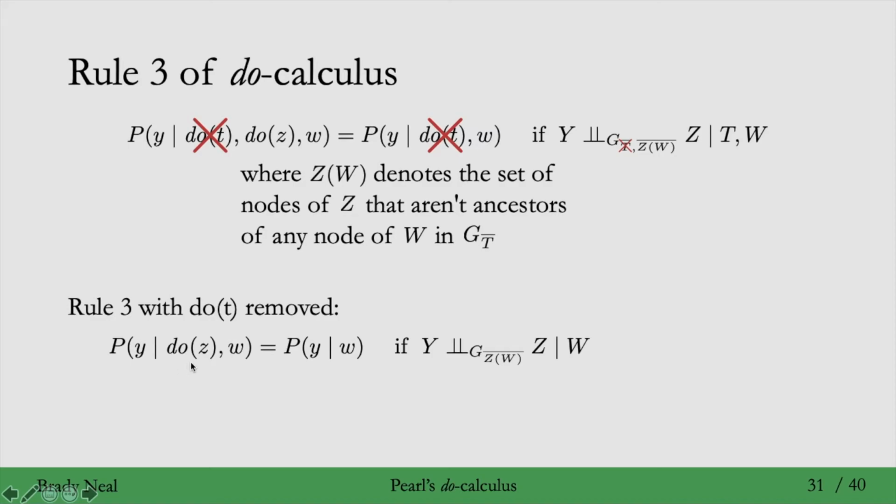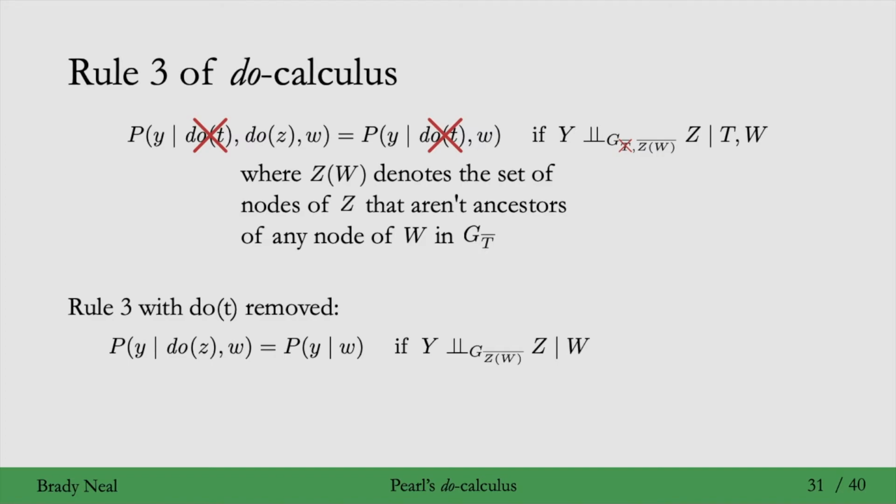So we only need to worry about causal association flowing from z to y along directed paths. So we can remove the do z to get this quantity if there is no causal association flowing from z to y, if there are no unblocked causal paths from z to y.